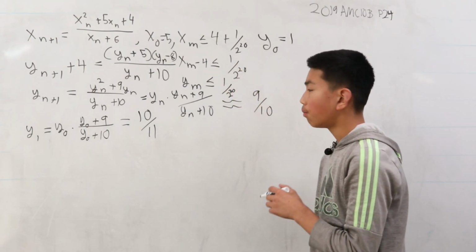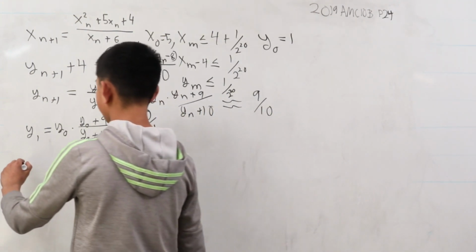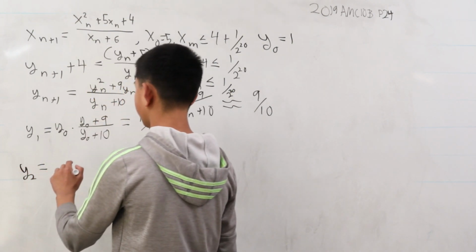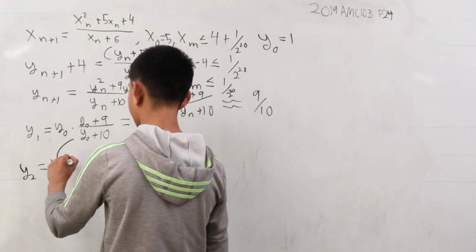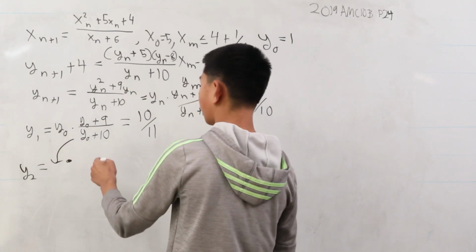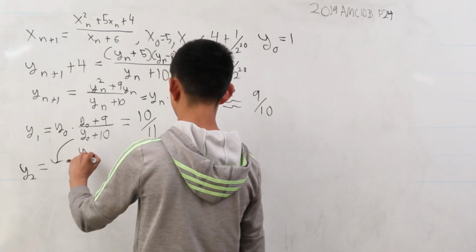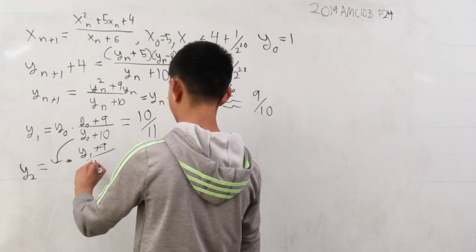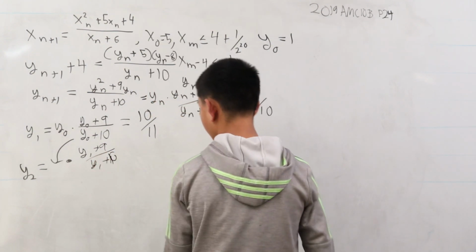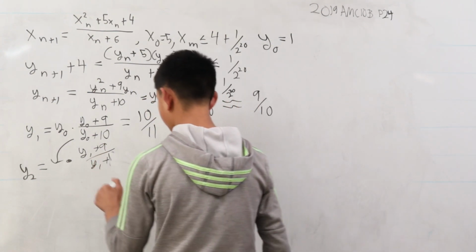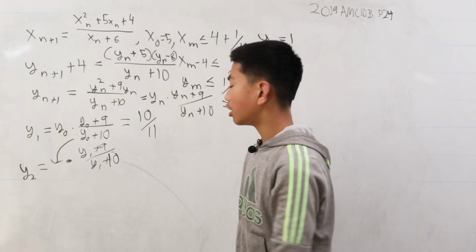We also see a sequence coming on. Let's just do y2. y2 is going to be y1 times y1 plus 9 over y1 plus 10, so we defined a sequence like this. And the reason I'm not writing y1 in here is because we know what y1 is.